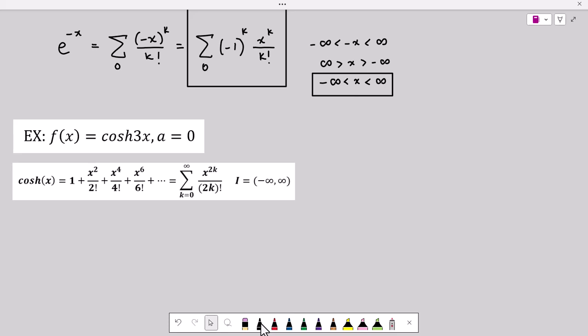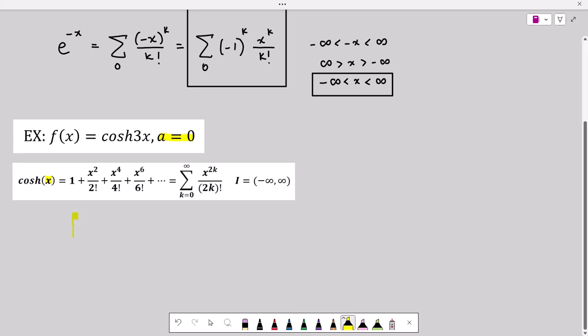Okay. So here once again, Maclaurin series centered at 0. We have this known power series for cosh of x, which, again, remember that e to the x is built of cosh and sinh. So this is just the even powers of e to the x. And all we're going to do here is a substitution.